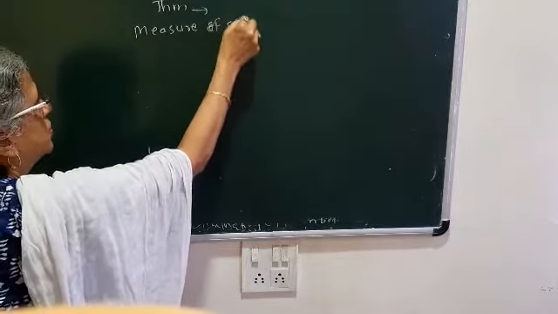Angle A is 70. Find the measure of angle ACD. So the measure of angle ACD is equal to the measure of angle A plus the measure of angle B. What is the reason? Remote interior angle theorem. Followed? Therefore, the measure of angle ACD is equal to 70 plus 40, that will give you 110 degrees.